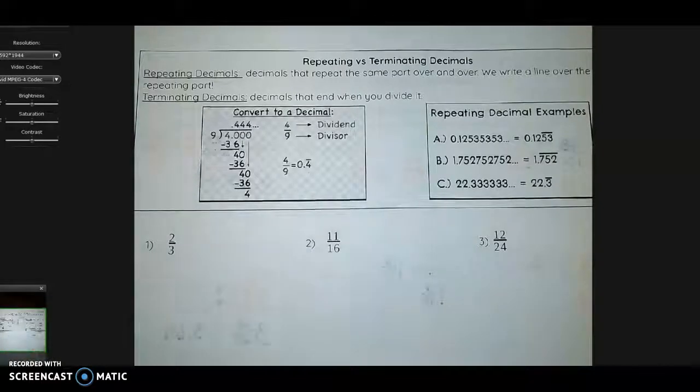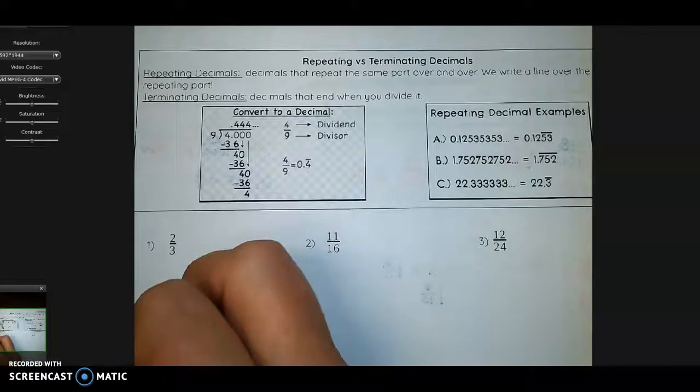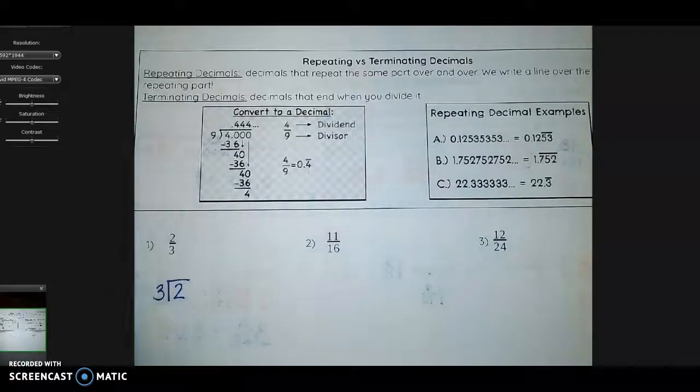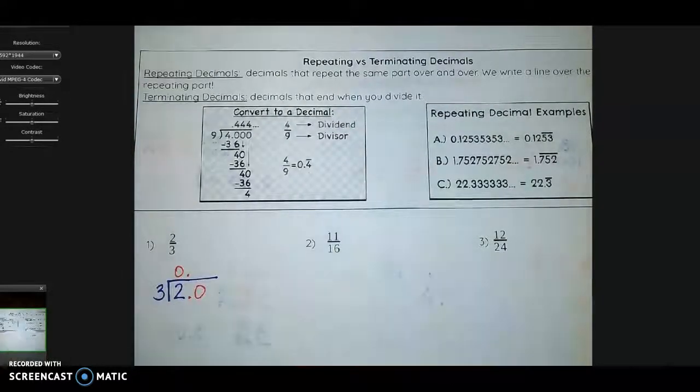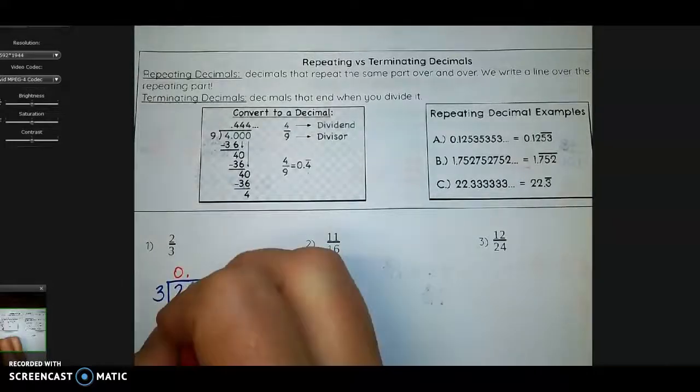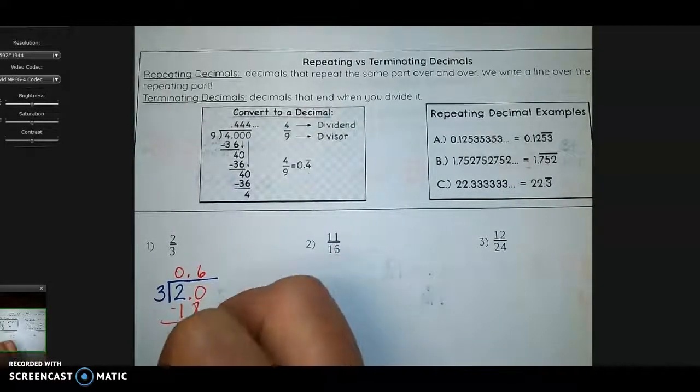So let's take a look at some of these fractions down here and see if we can figure out if they are repeating or not. So this first one, 2/3, I'm going to put the 2 inside and the 3 outside. Right away, I'm like, nope, can't do that. Can 3 go into 20? It can, 6 times. So 6 times 3 is 18. I subtract.